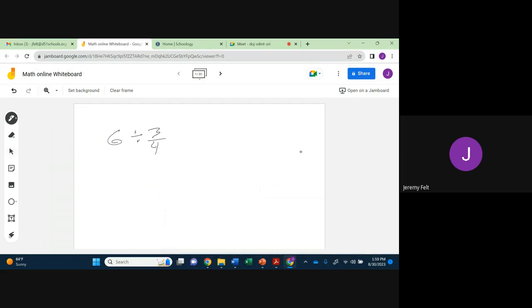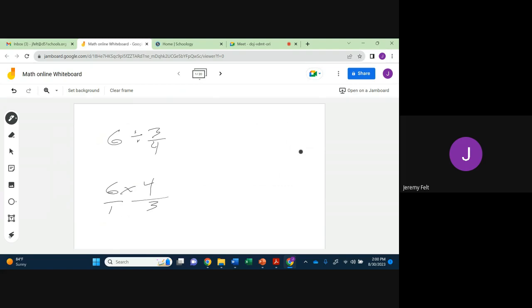Okay, we're going to keep, change, flip, or we're thinking multiply by the reciprocal. So 3 over 4 becomes 4 over 3. And again, just because this is a whole number and it's written in the middle of our division bar, we could think of it as 6 over 1. If we need to write it like that, we can, just to remind ourselves, okay, 6 can be written as 6 over 1. So 6 is not in the denominator, it's in the numerator.